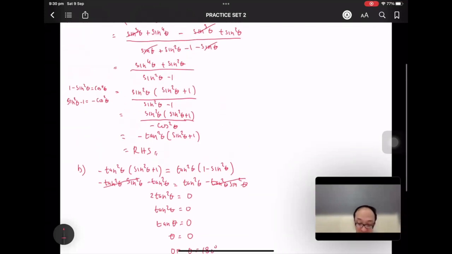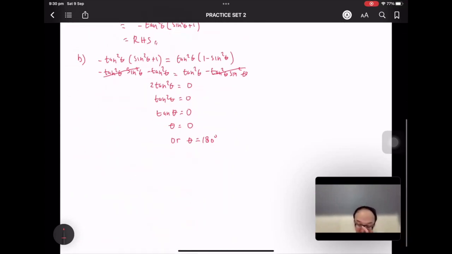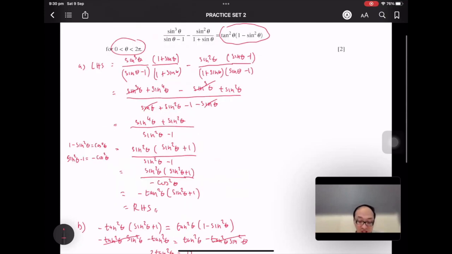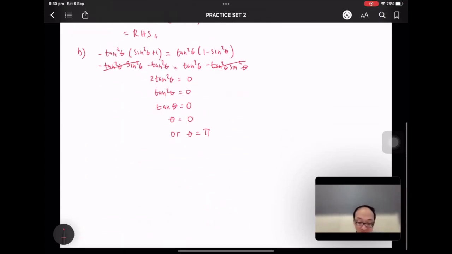Is this radian or degree? Oh, radian. So it's only pi. Since we cannot take 0, the answer should be theta equals pi only.